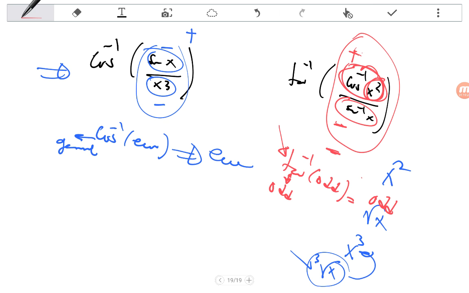Okay. We have here two topics that we haven't covered: the simplification and the differentiation. Maybe they will take 20 minutes.